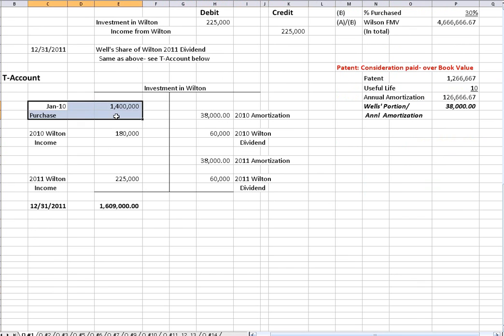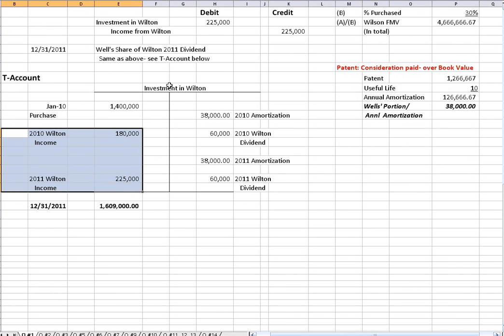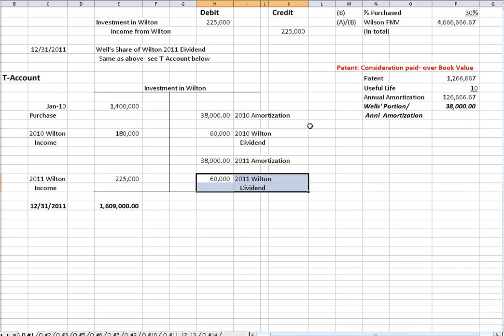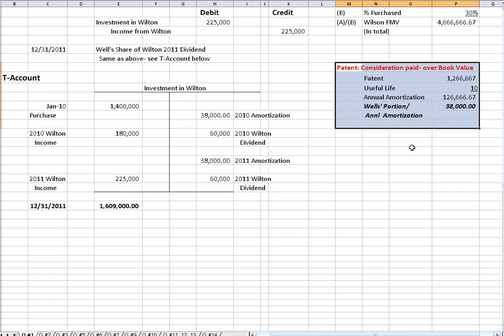We saw an initial purchase, we saw the investment account being increased by the parent share of the income, we saw the investment account decreased by the parent company's share of the sub's dividend, and finally we saw the investment account decreased by the parent's share of amortization of the patent. And the patent was the amount that was paid over the book value of the assets.